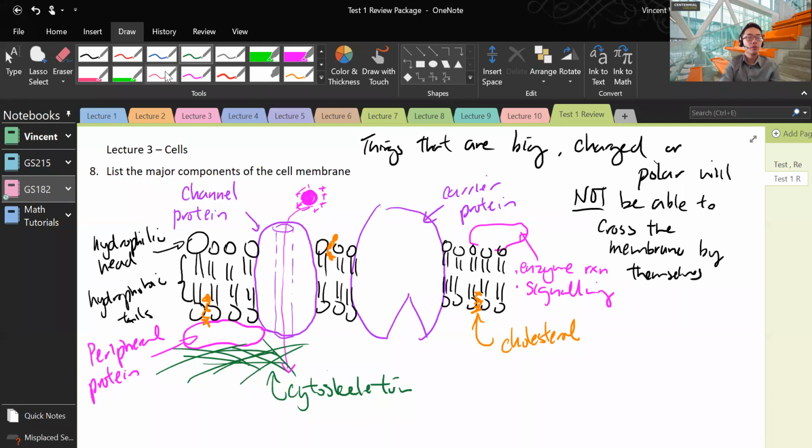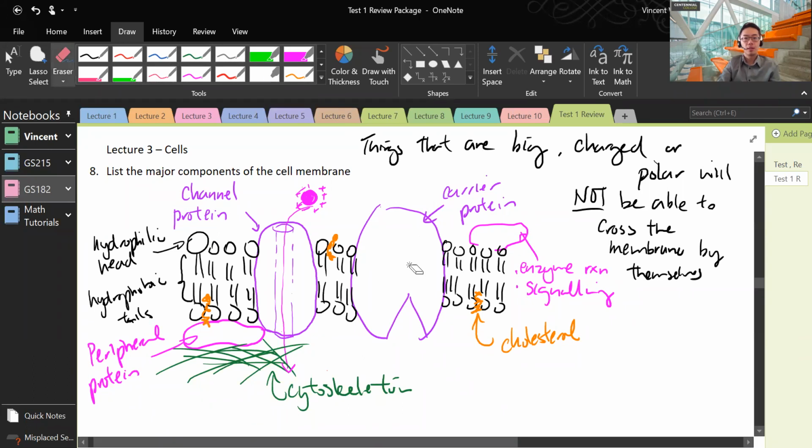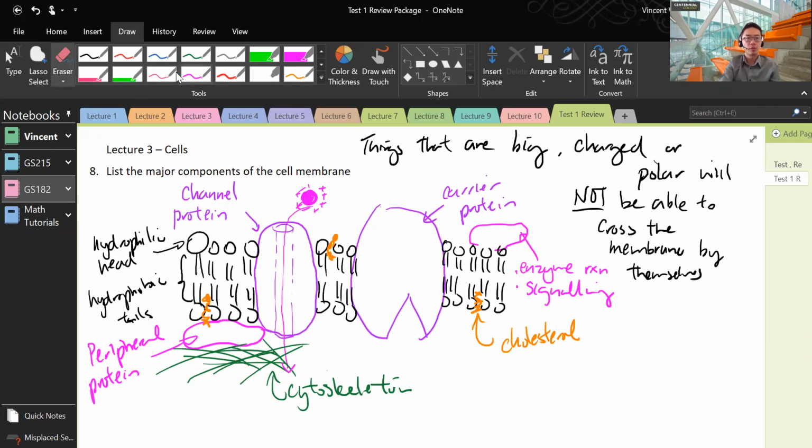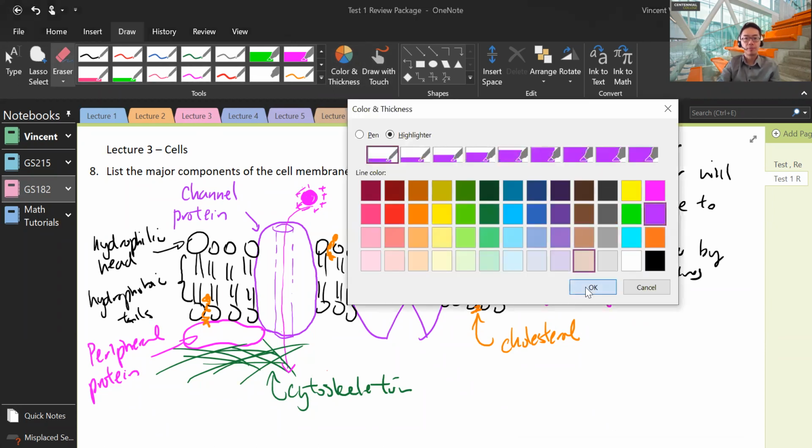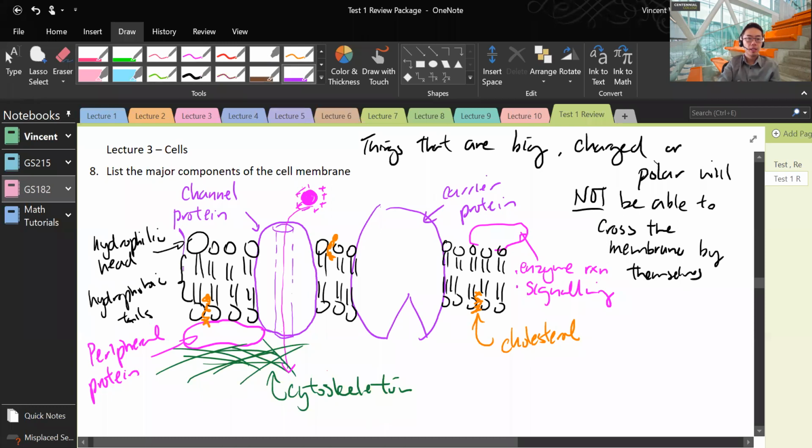You might have another protein. Let me just draw another protein here. If I could find a space, right? You might have another protein here. Okay, and sometimes the proteins are gonna have sugar on them, right? So that creates what we call like a glycoprotein.